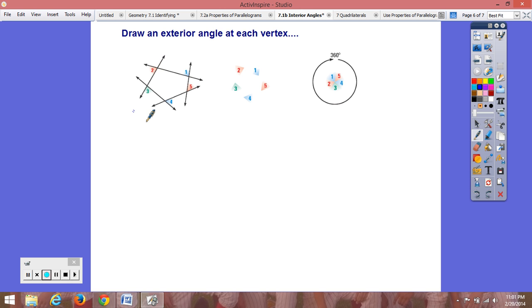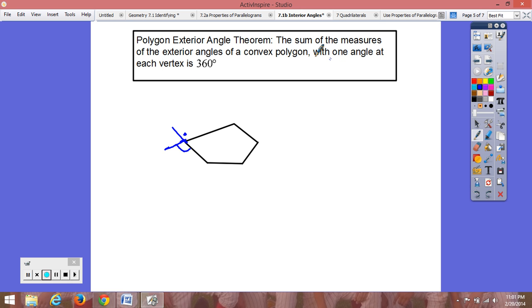So we have our 5 angles on the outside, and if we were to cut these out along the lines and put them all together with all their vertices joined at the center right here, we'd see that it would make a whole 360 degrees. So if we go back and look at this, the sum of the measures of exterior angles of a convex polygon is 360 degrees.